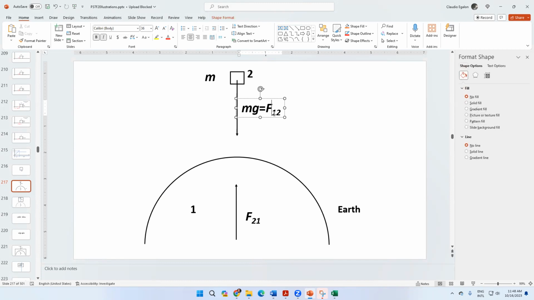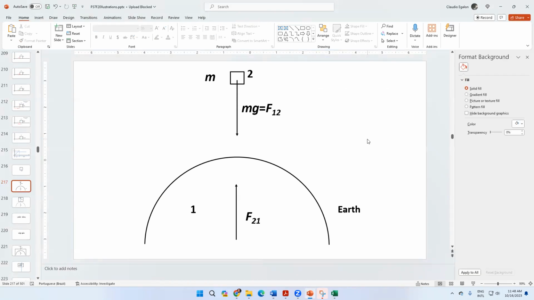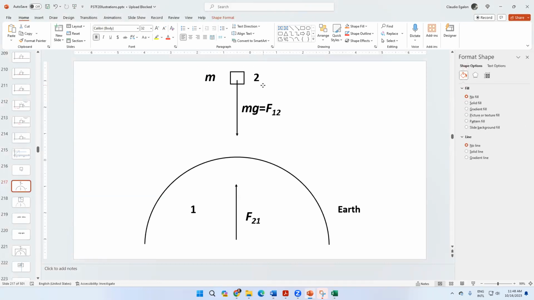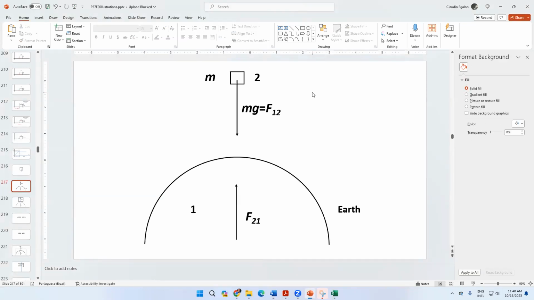The force that object one exerts on two is towards the center of the Earth. But object number two also exerts a force on Earth, which, by the way, is equal in magnitude but opposite in direction. That's how I represent it here. Even though we are being attracted by Earth, we are all attracting the Earth towards us. Every human being is doing that.